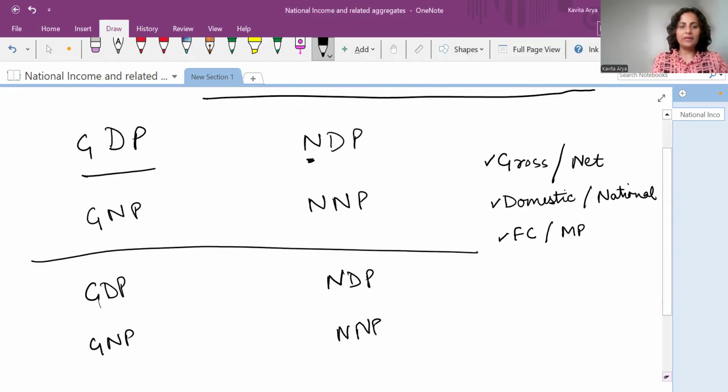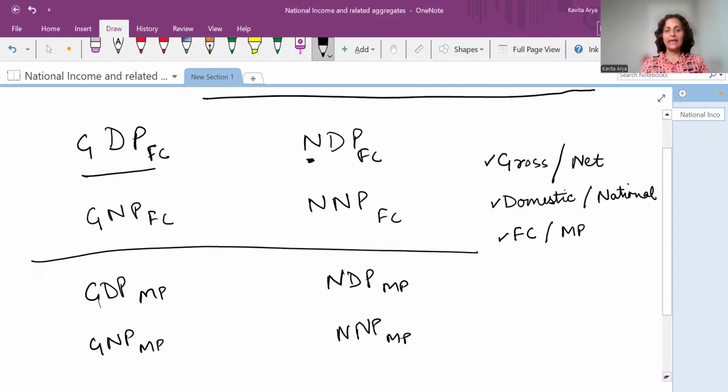These have to be calculated once at FC and once at MP. This way, if we go systematically one by one, we have written all the 8 possible national income aggregates. So, how many income aggregates are there in national income accountancy? These are 8 income aggregates.